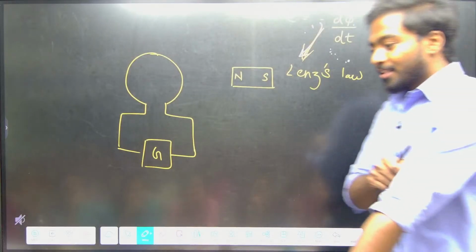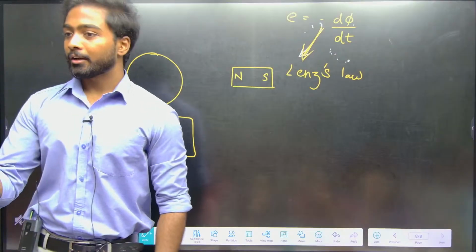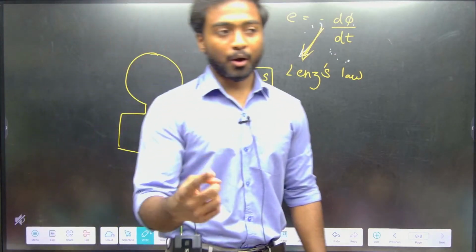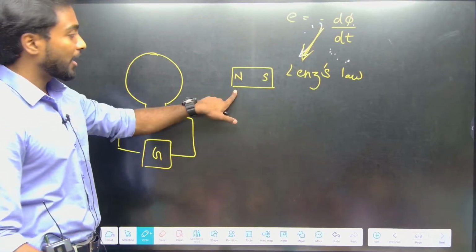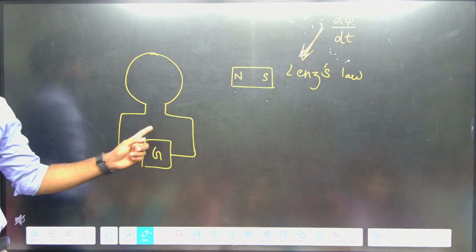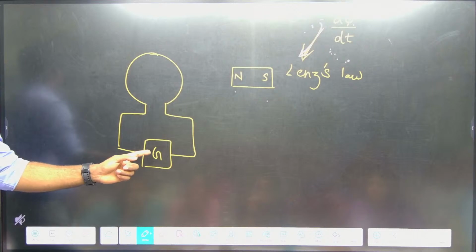Think that when we talk about charges, positive or negative, there are field lines, the imaginary lines we were talking about. Obviously when we talk about a north pole or south pole, in this also magnetic field lines will be there. There, electric field lines; here, magnetic field lines.